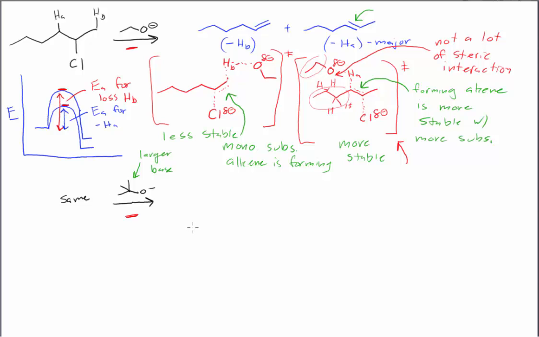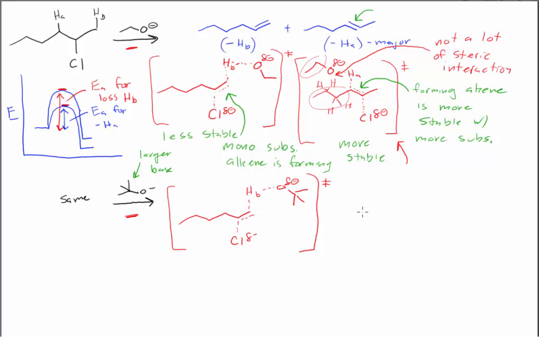We're going to draw essentially the same two transition states as well. So let me see if I can reproduce those quickly. I'll use red again. So here's the loss of HB. The only difference is now I'm putting in a larger base. Delta minuses, got our transition state and our double dagger.